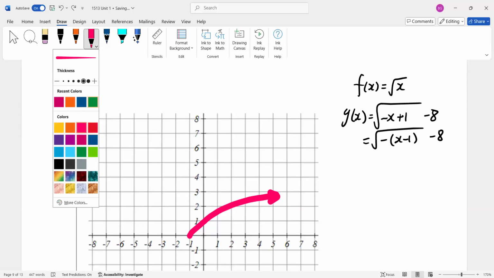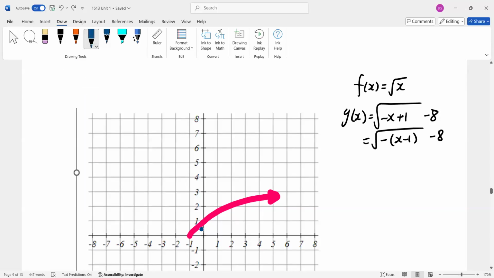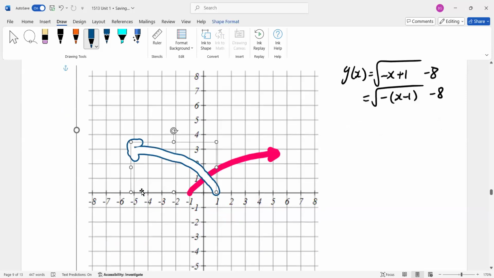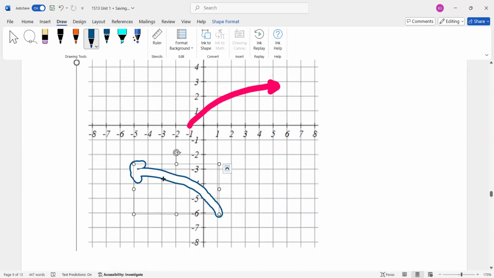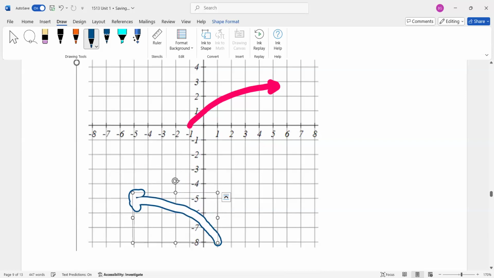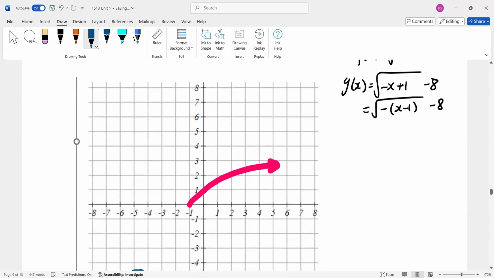Use a different color. It's going to be like that. All right, now it's supposed to be symmetric. Flip over. And then go down 8 units. This is the graph. You see that?